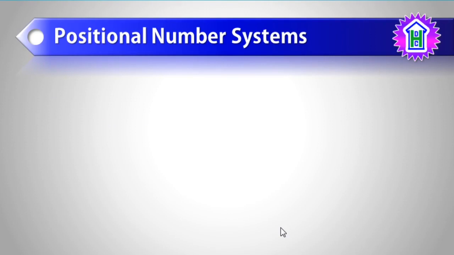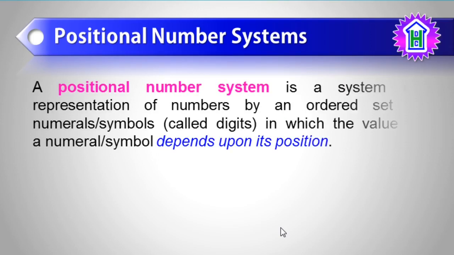Now let us discuss the concept of positional number system, because it will be helpful in understanding the four number systems I have discussed. A positional number system is a system for representing numbers by an ordered set of symbols called digits, in which the value of a numeral or symbol depends upon its position.